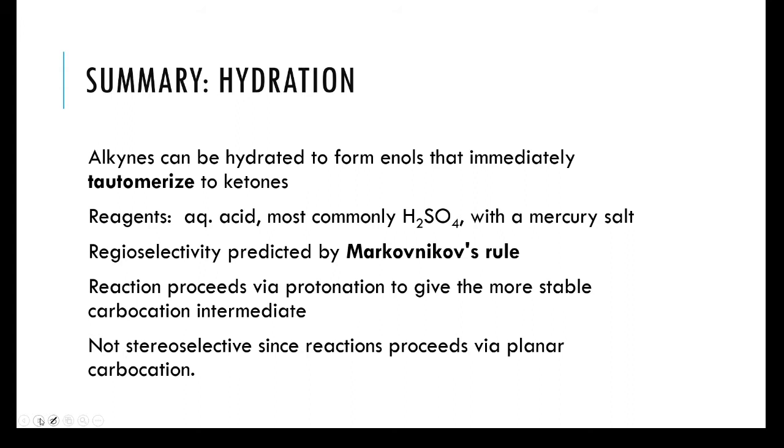And it's not like it's stopped. We'd have to actually stop our enols and pull them out, because in that environment, we're going to turn to ketones very quickly. Okay. Again, Markovnikov's rule is going to predict everything. So we're going to follow Markovnikov's rule. Now, that's not always the case. There is a reaction where we won't follow Markovnikov's rule, or we won't need to, and we'll talk about those.